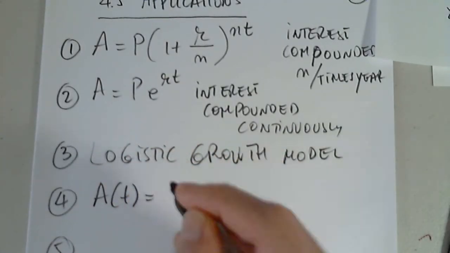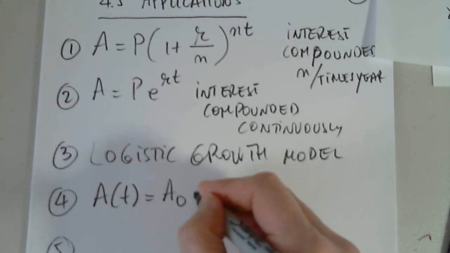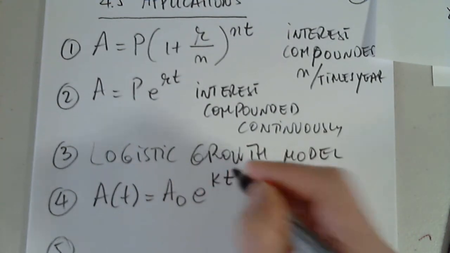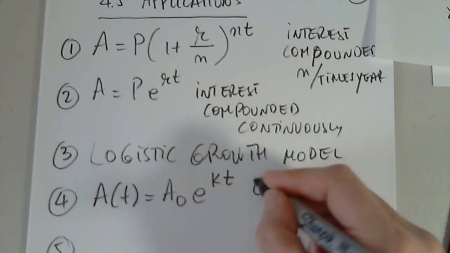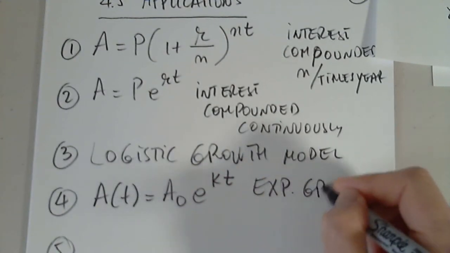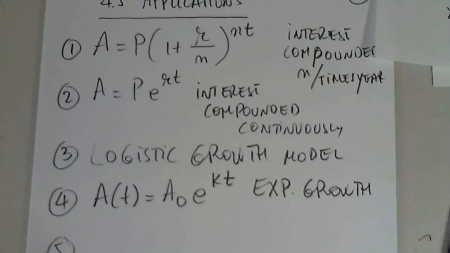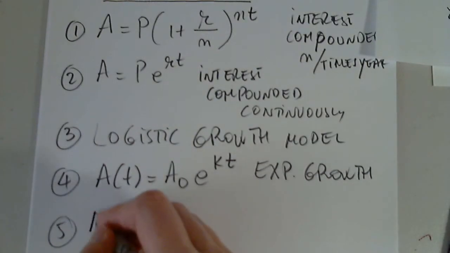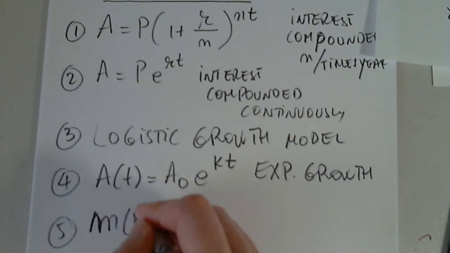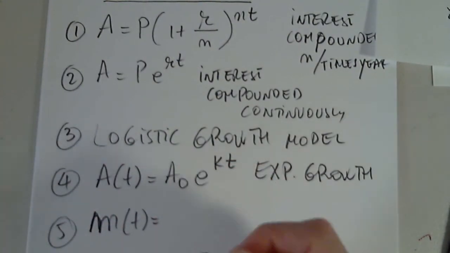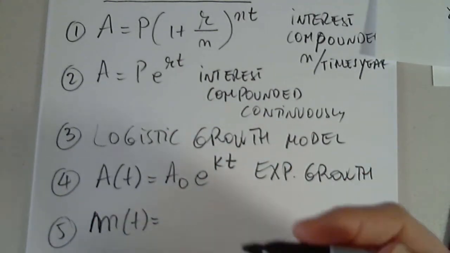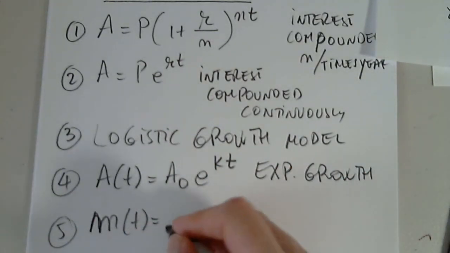A of t equals A0 e to the kt, exponential growth, and m of t. Your book uses the same notation. I'll explain to you why I'm using the different notation, but it doesn't matter.